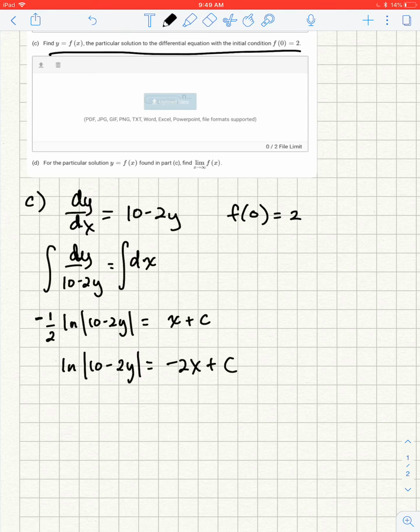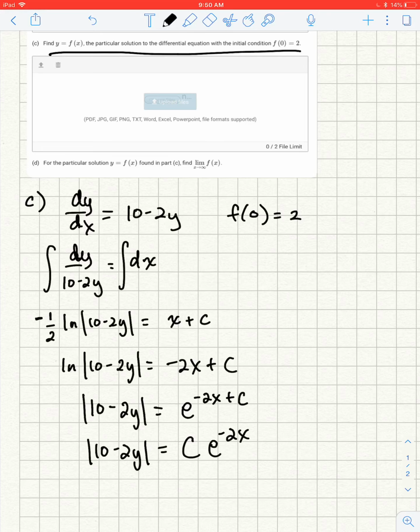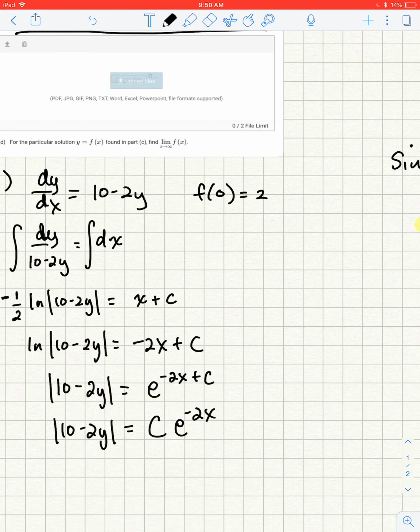Remember, c is still c, so even if you multiply any constant by another constant, it's still going to be c. And then to get rid of the ln, we can raise e to everything, and then the c is just going to come down in front, C e to the -2x, okay?